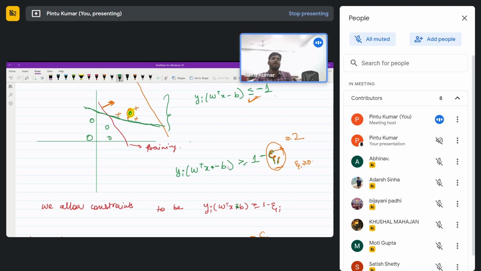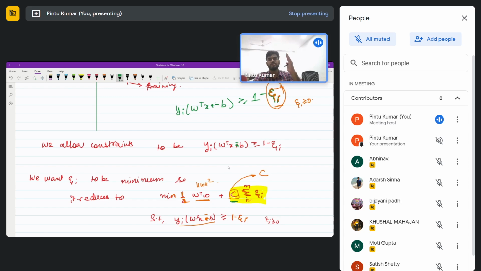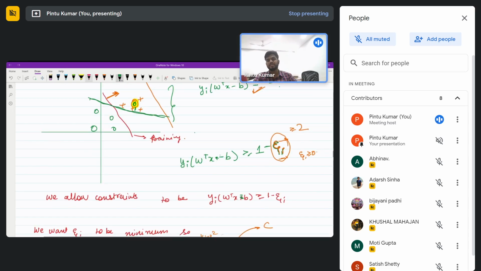Because I want my margin to be maximized, but at the same time I also want this error to be reduced, and I'm weighing reduction in error more than my margin. But if my C was small, then I would have got a nearly perfect SVM kind of margin.